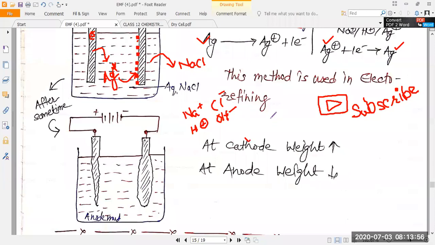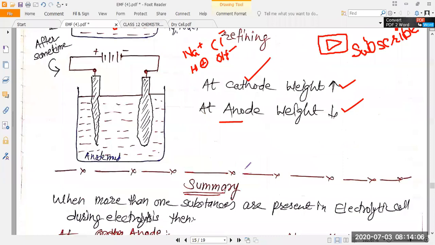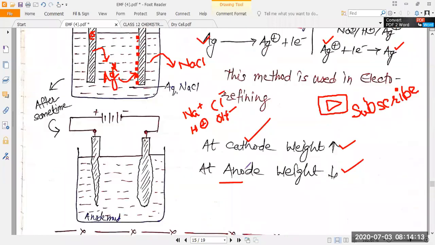So the weight of the cathode electrode increases, and the weight of the anode electrode decreases. These are the reactions when we take an active electrode.